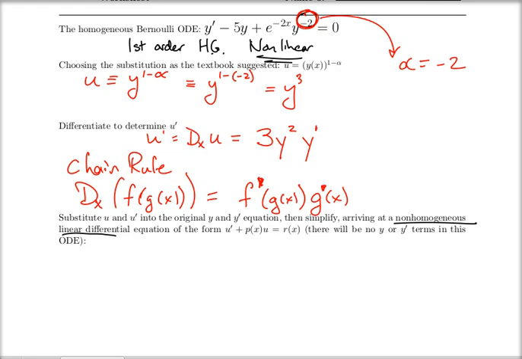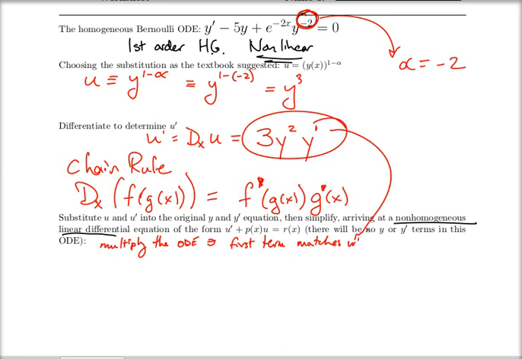Let's take the original equation and multiply it through, multiply the ODE so that the first term matches the expression for u prime. Why do I need to do that?